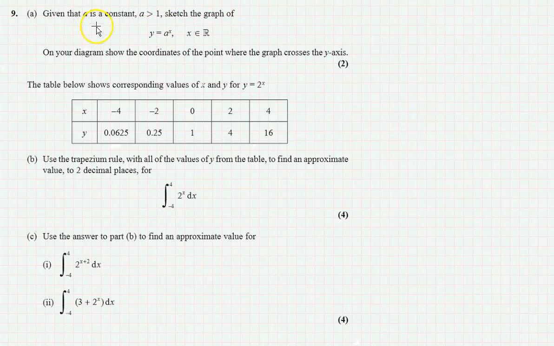Question number 9. Given that a is a constant, a is greater than 1, sketch the graph of y equals a to the power x. On a diagram, show the coordinate of the point where the graph crosses the axis.